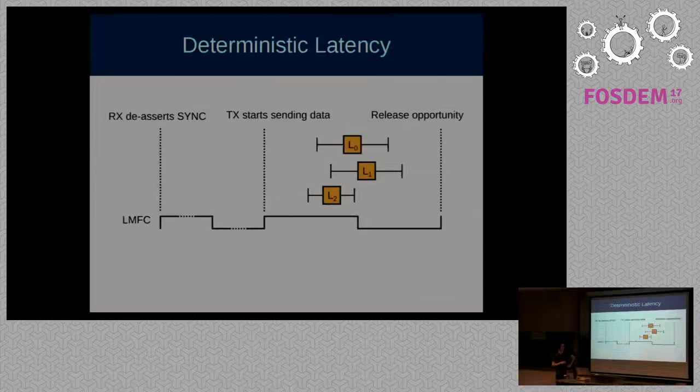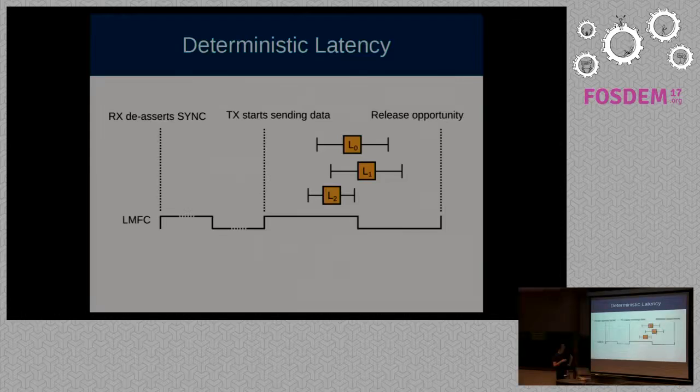And the way this works, there's the so-called local multi-frame clock, which is kind of like a slower version of the frame clock. It's a local, slow clock generated inside the device. And all events that deal with synchronizing things are synchronized to this local multi-frame clock.